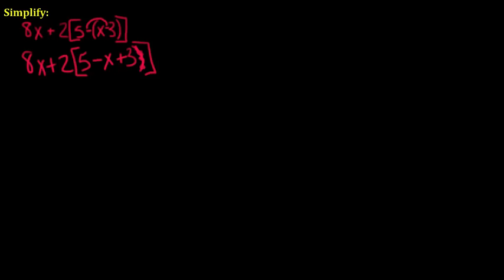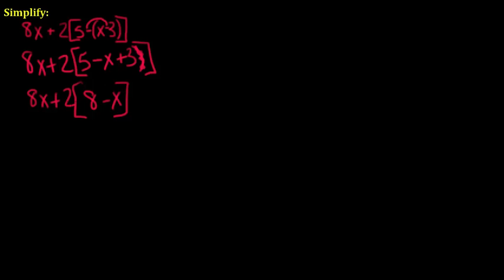So we want to add like terms. So there's only one x, but there are two regular numbers, so we have 5 plus 3. So this will give us 8x plus 2. So now we'll have 5 plus 3 is 8 minus x.